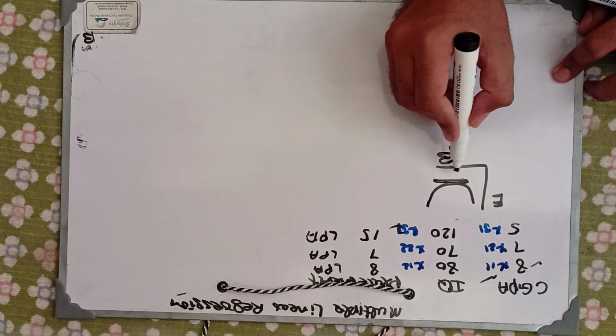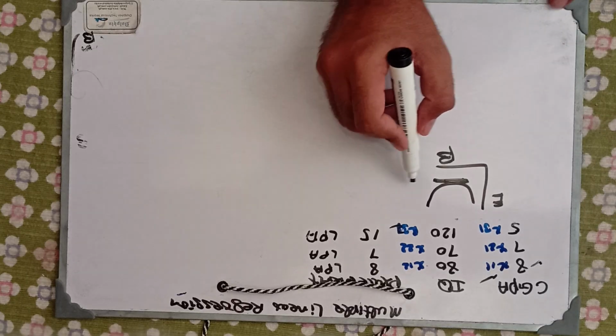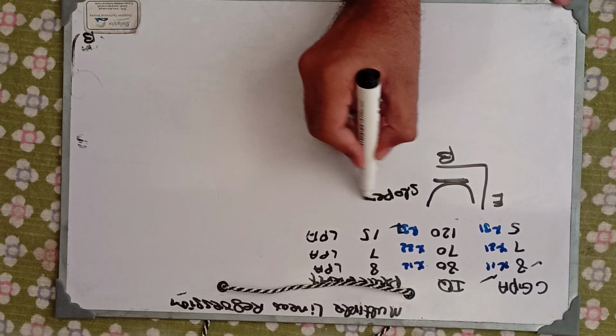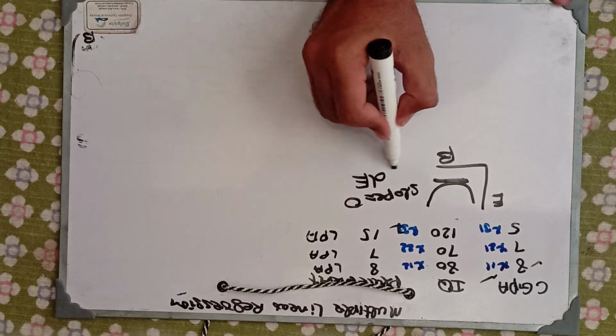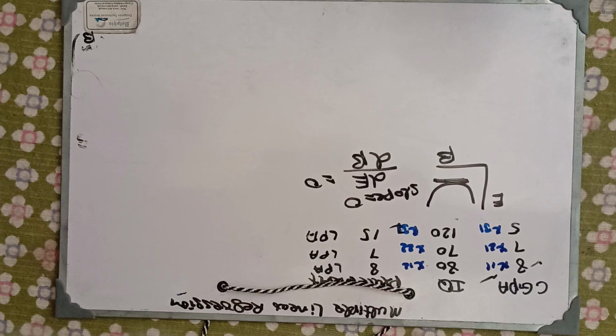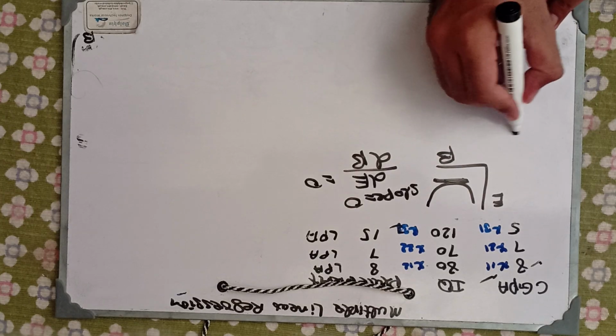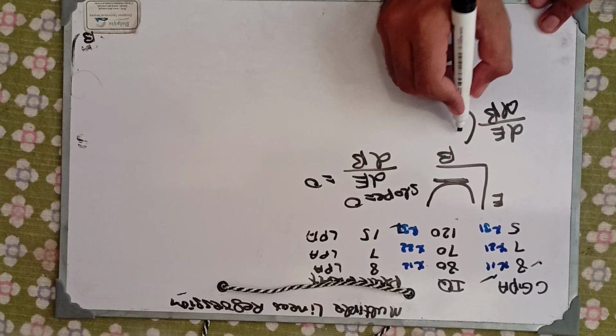We need to find the minima, at which the slope becomes equal to 0. So we will make this slope equal to 0 in order to find the minimum value.